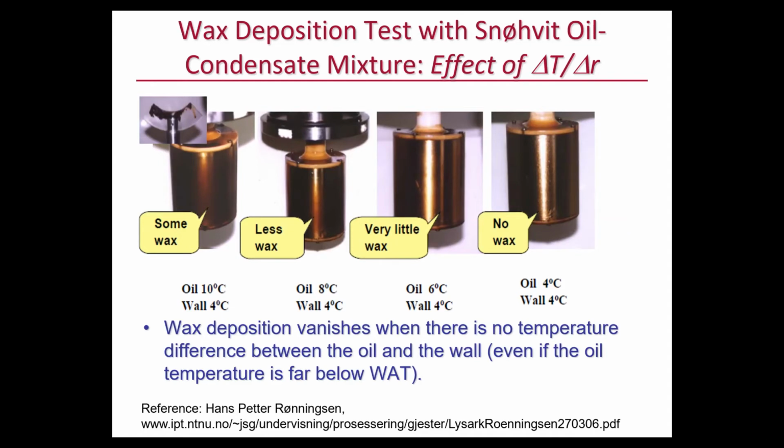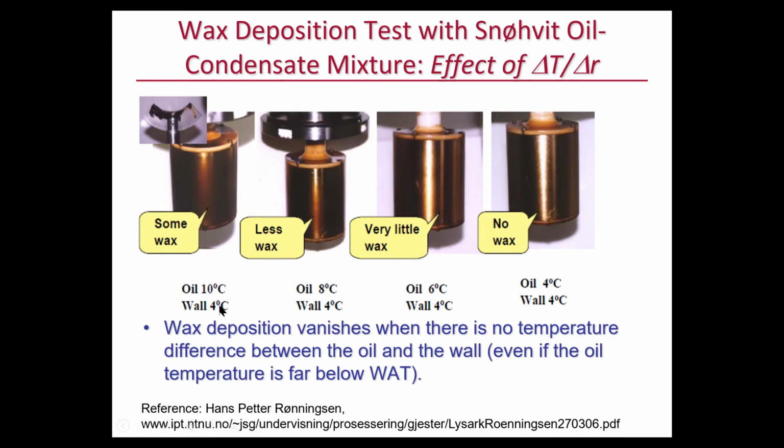The main reason is that it is the coldest place, and they go there to lose the heat to the environment, and therefore they deposit there. Okay, and so if there is no temperature gradient, then there is no wax deposition. So wax would stay in the system.